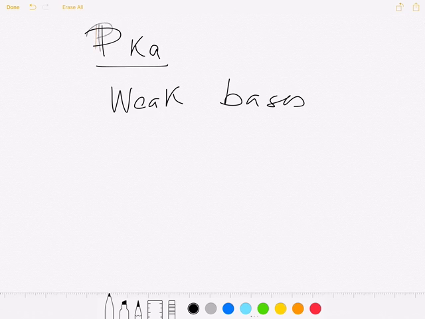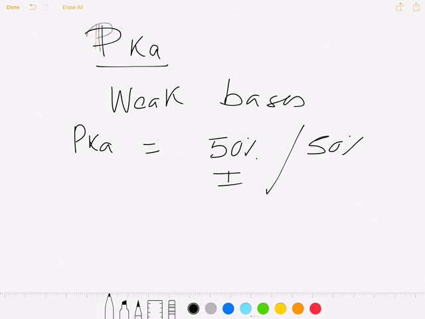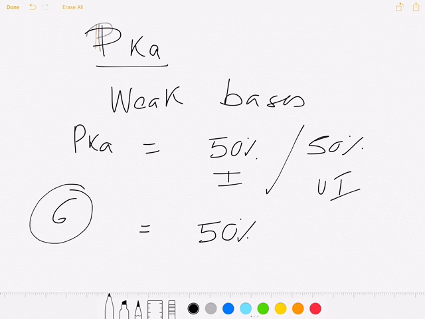So what is a pKa? pKa is a pH at which a particular chemical exists 50% in ionized form and 50% in unionized form. So if I'm a chemical and my pKa is 6, that means at pH 6, half of me would be ionized and half of me would be unionized.